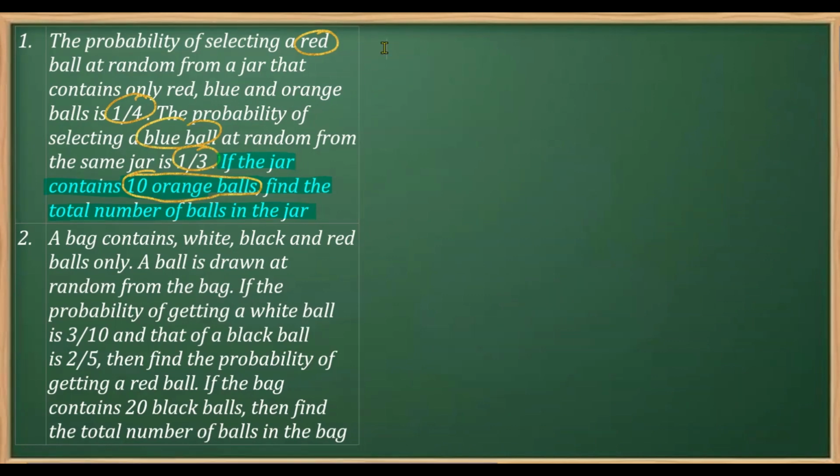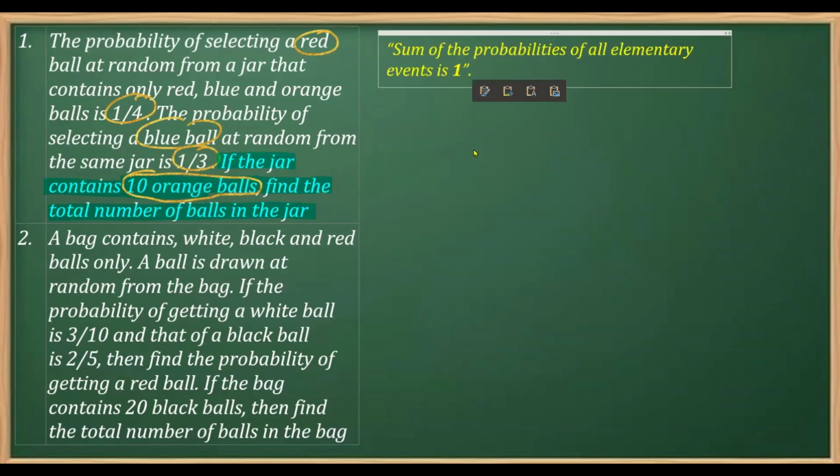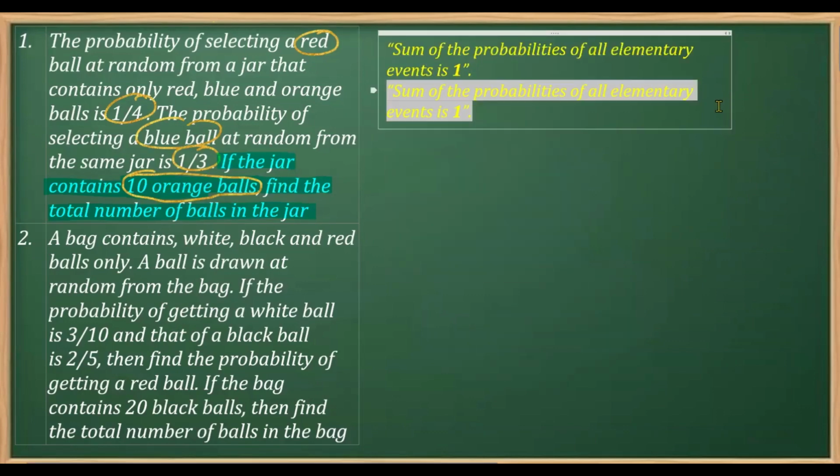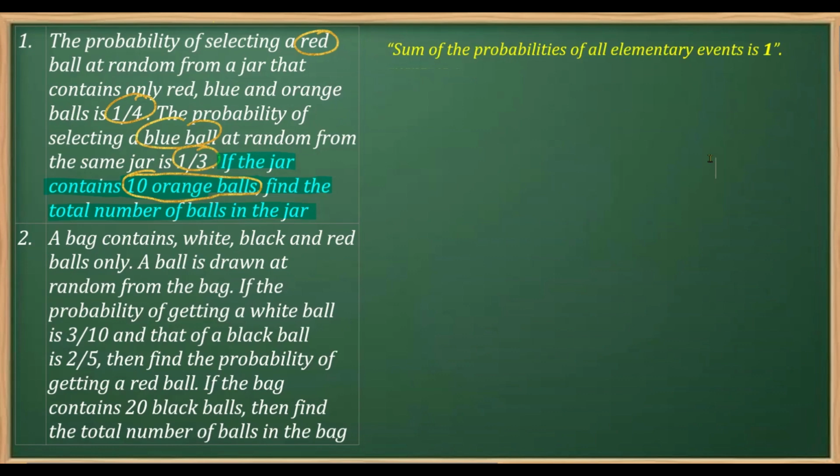First of all, let me tell you the concept on which this is based. The question is based on the concept that the sum of the probabilities of all elementary events, that means if there are a certain number of events and you add the probabilities of all of them, should come as 1.